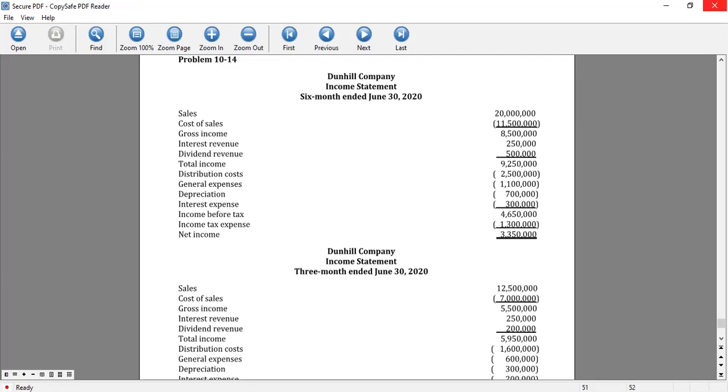So now we have the amount of sales for the 3 months beginning April 1 up to June 30. Sales, cost of the sales, then we have the gross income, the interest revenue given at 250,000, and the dividend revenue, the amount given is 500,000 and 300,000 for the 3 quarters.